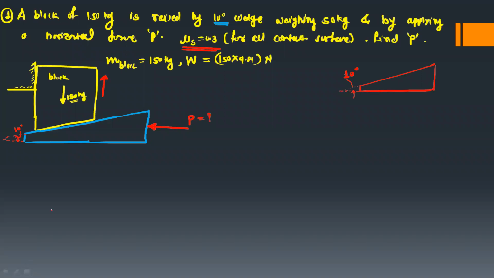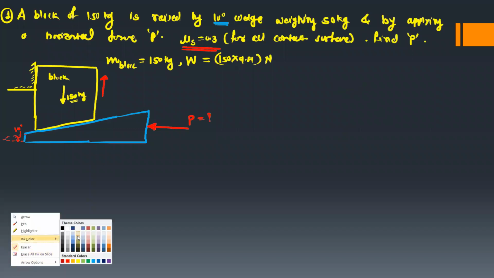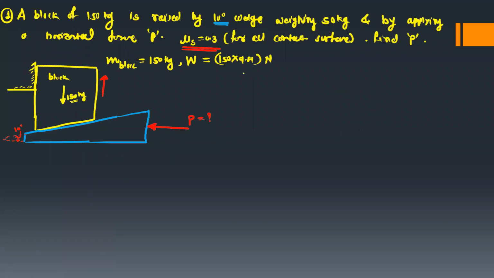So to solve such a problem on wedge friction, your first step will be to draw the free body diagram. So draw the free body diagram. Isolate this block from the wedge and from this vertical wall, and then show all the forces and the reactions acting on the block.